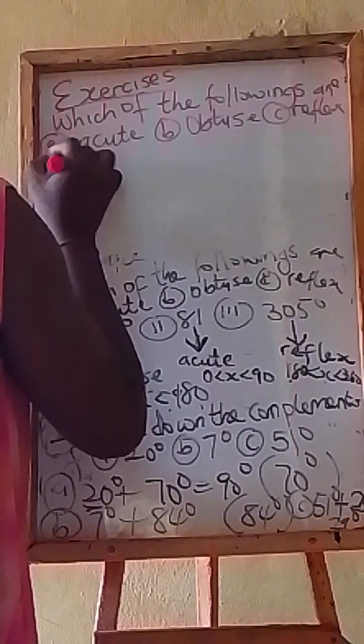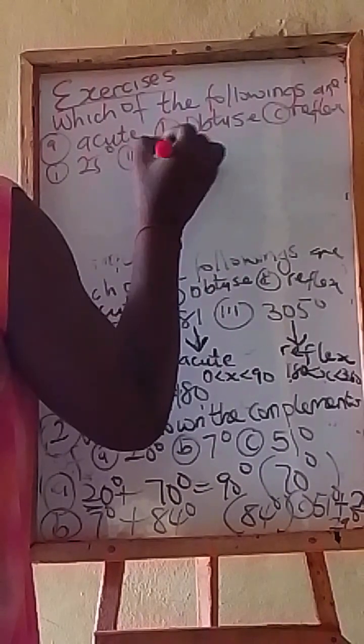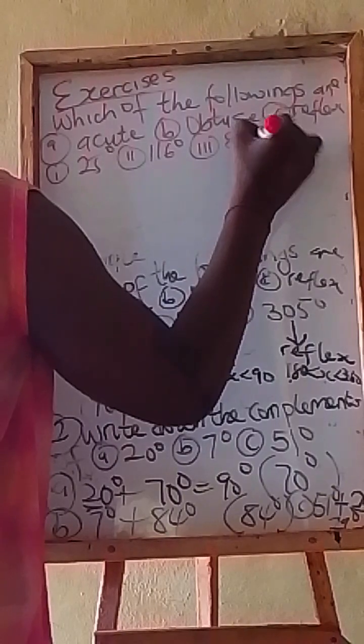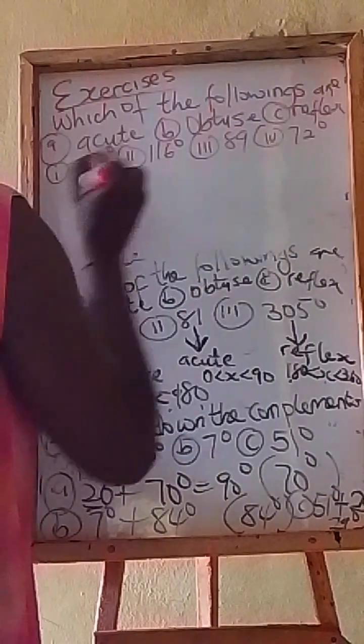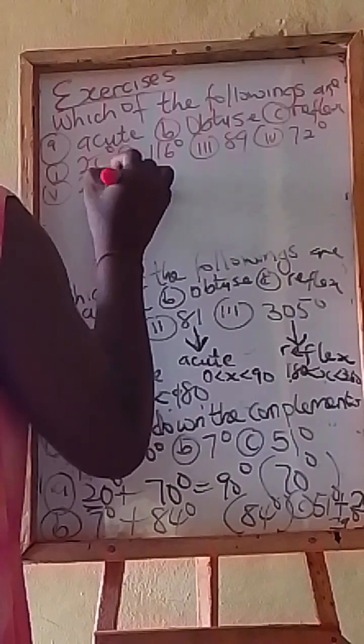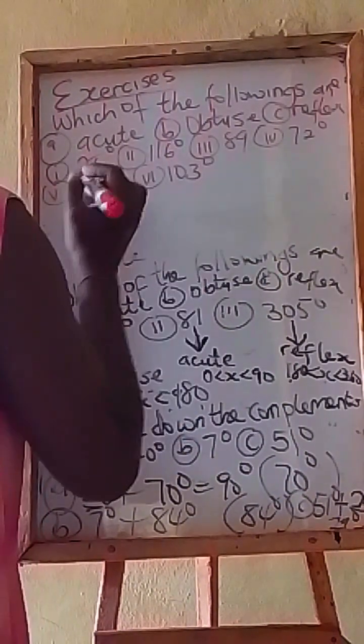So we have 25, 116, 89, 72, 5, 246, 6, 103 degrees.